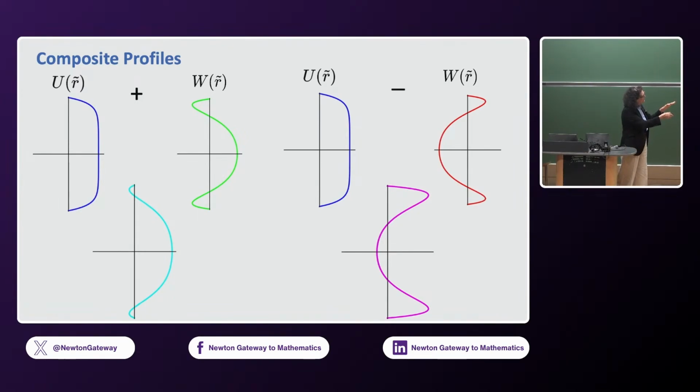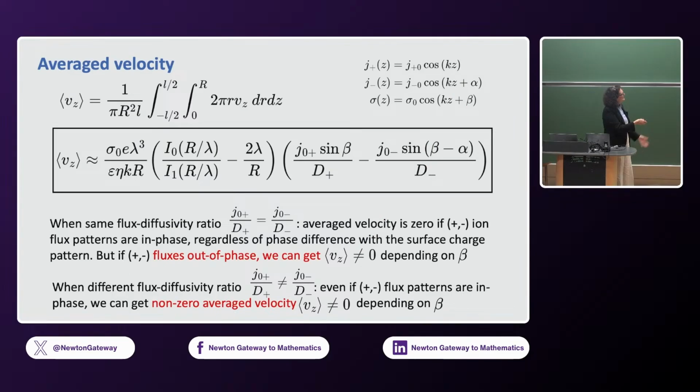But when it's negative, you get the C dependence that can generate these vortices that you see forming in the system. So you can average the velocity over one of the wavelengths and calculate this velocity. And you can see that it depends on the magnitudes of G plus and G minus.